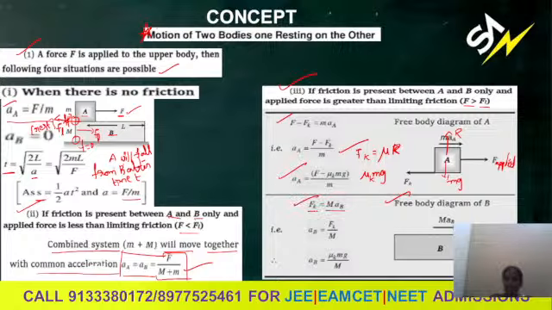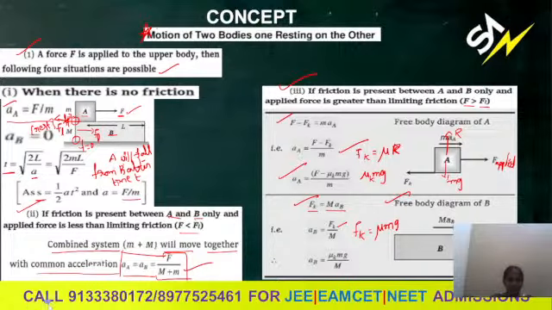So acceleration of block B will be equal to kinetic friction by its mass, and again we know that kinetic friction is equal to mu k mg. So this is the situation when applied force is on the upper body.